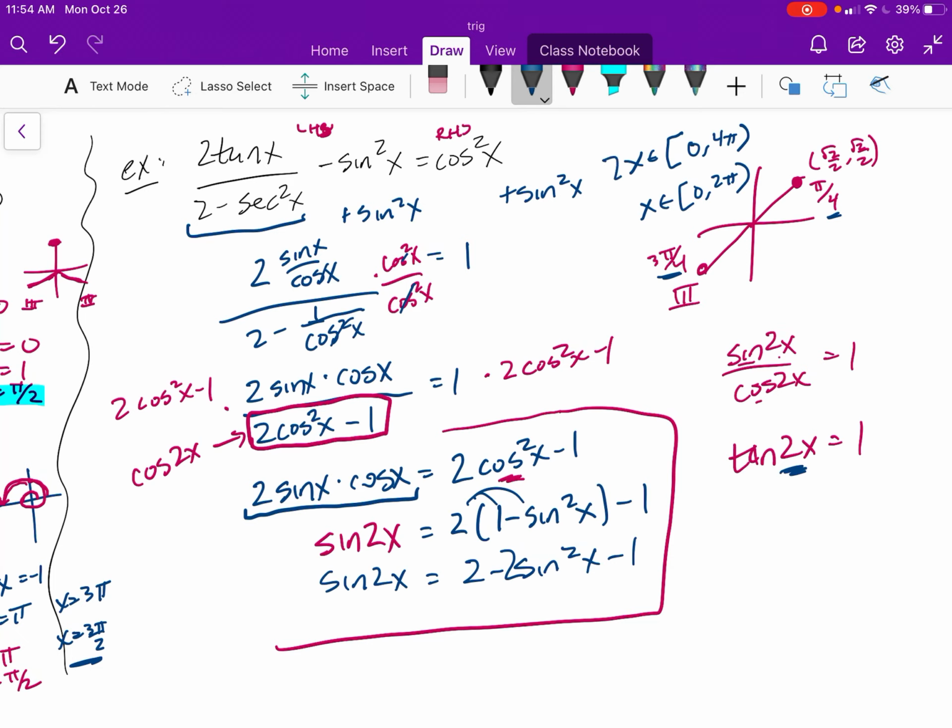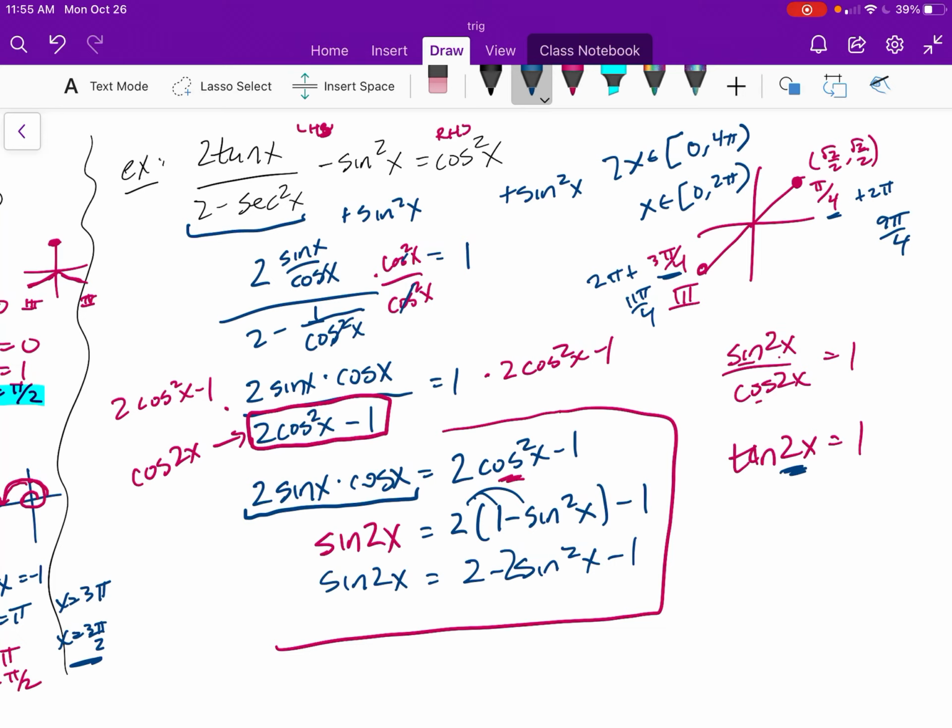Our 2x can be within 0 to 4 pi, but our x has to stay within 0 to 2 pi. So pi over 4, if I added 2 pi to this, that's 8 pi over 4, we have 9 pi over 4, right? And 3 pi over 4, if I add 2 pi to that, I'm at 11 pi over 4.